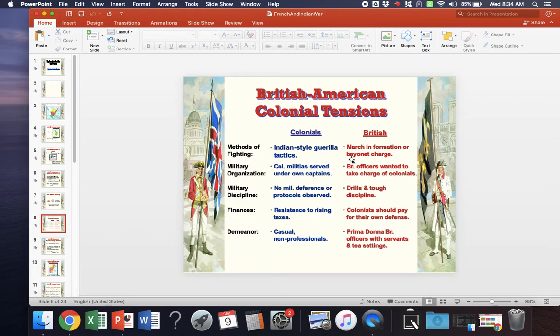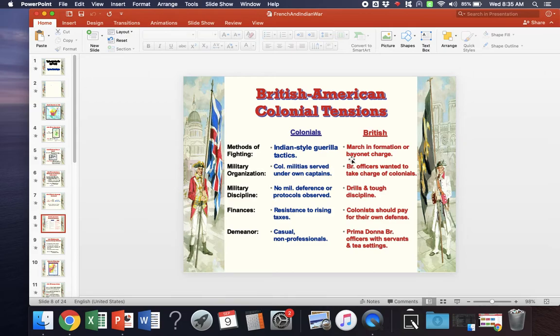As far as military discipline, no military discipline with the colonials. They all, again, part of this colonial neighborhood type, they all viewed each other as the same, whereas the British were going to have drills and very tough discipline, corporal punishment, public lashings for infractions.